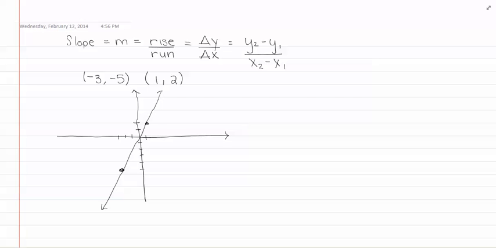Now slope is just telling me how steep it rises, and so if we talk about this idea of rise over run, I can actually count. We said that there were 5 units from here to here, and I have to keep going up 2 more, so that's about 7 units positive because we went up.